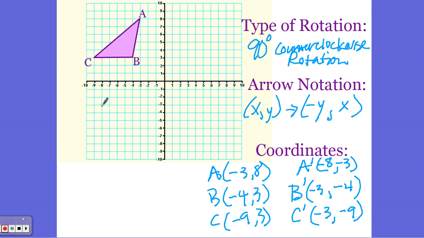Negative 8, negative 3 is A prime. Negative 3, negative 4 becomes B prime. Negative 3, negative 9 becomes C prime. Here's my new triangle after a 90-degree counterclockwise rotation.